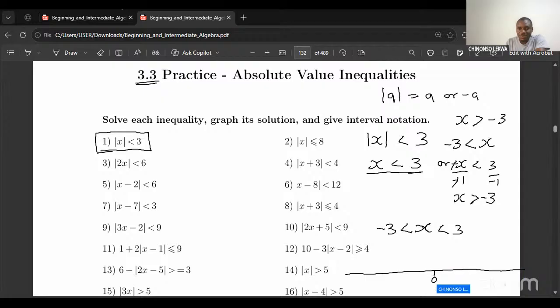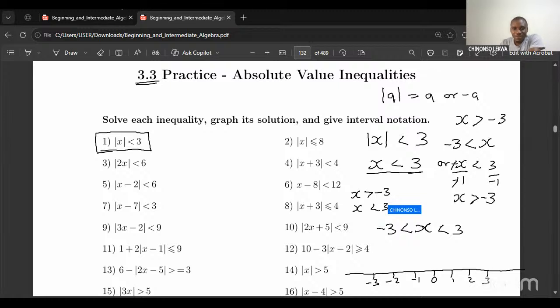So we can go on to plot the graph on the number line. This is 0, we've got 1, 2, 3, and -1, -2, and -3. So x should be a number that is between. We've got x is greater than -3, and we also had x being less than 3.